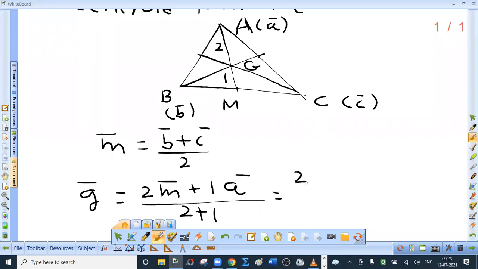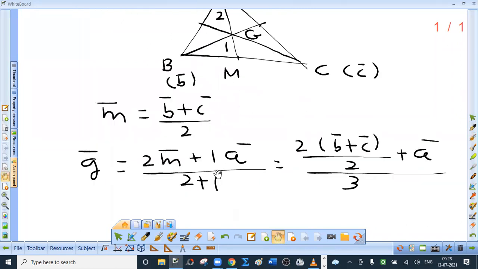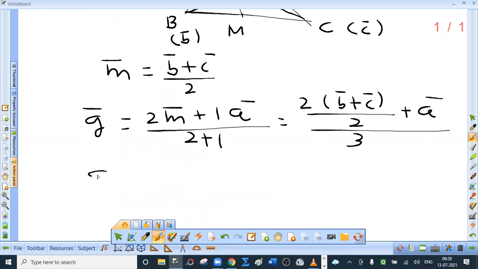So it is 2 times (B bar + C bar)/2, plus A bar, upon 3. If you rearrange the terms using the commutative and associative law, then G bar is (A bar + B bar + C bar)/3. Is that clear? This is the section formula for internal division, and this is the second corollary, that is the centroid formula.